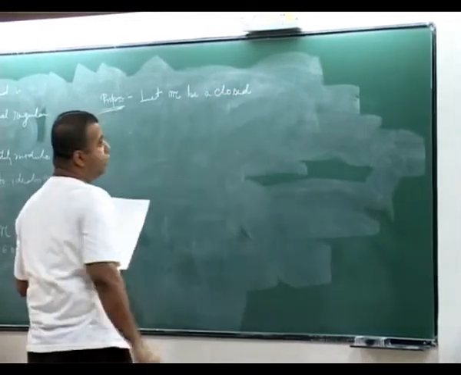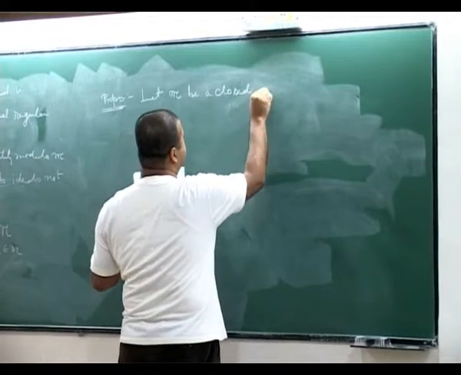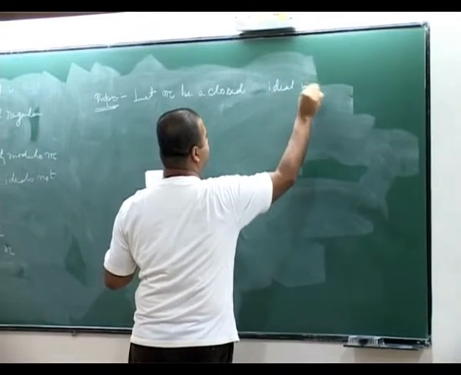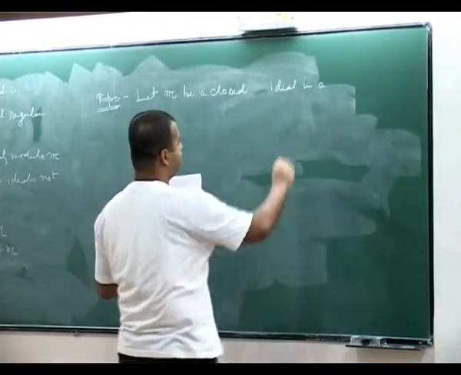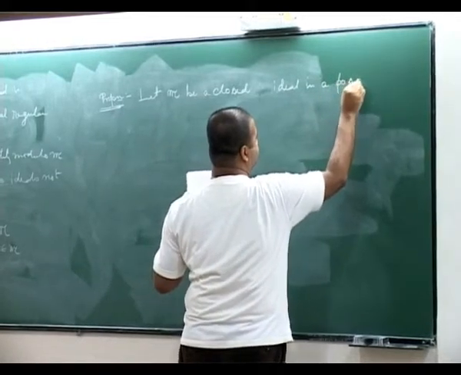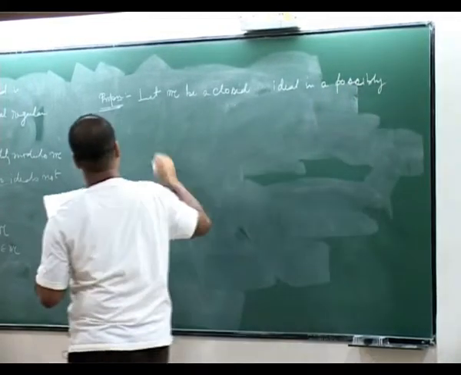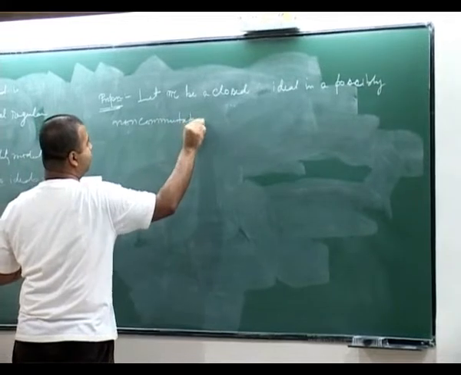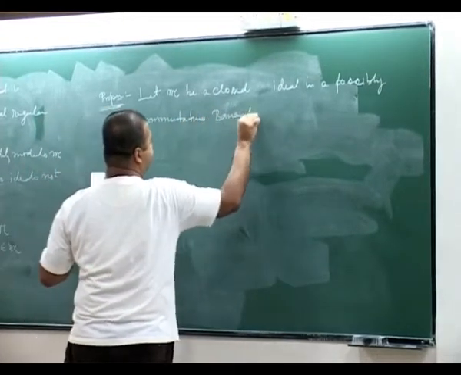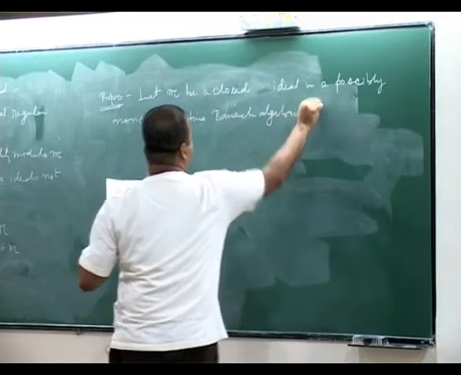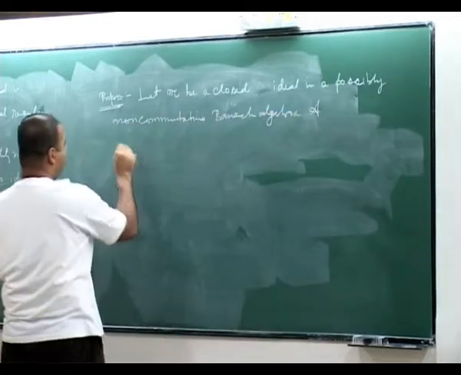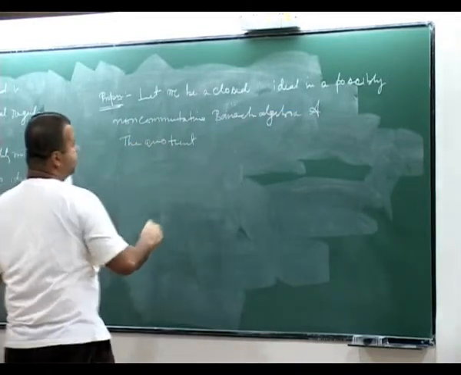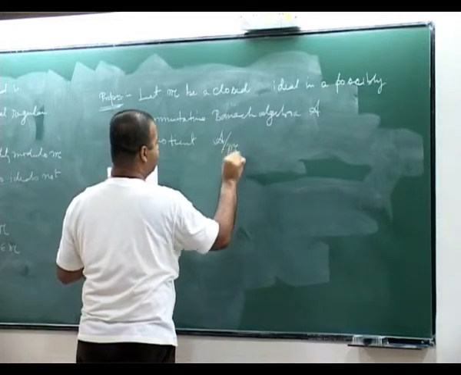For this proposition, we do not need commutativity. So, let M be a closed ideal in a possibly non-commutative Banach algebra A. Then of course, as M is closed, A mod M is a Banach space and it is an algebra also.